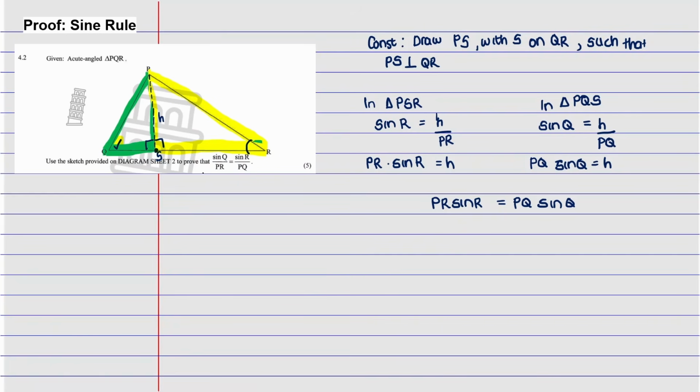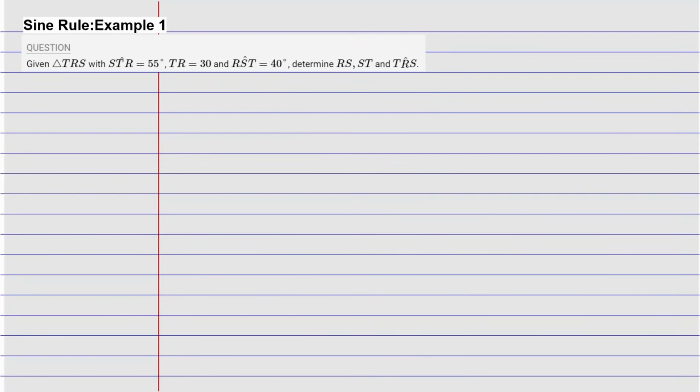So we know that sine R divided by PQ, and therefore it's going to be sine Q divided by PR. Then that's you being done with the proof. Hope that makes sense.